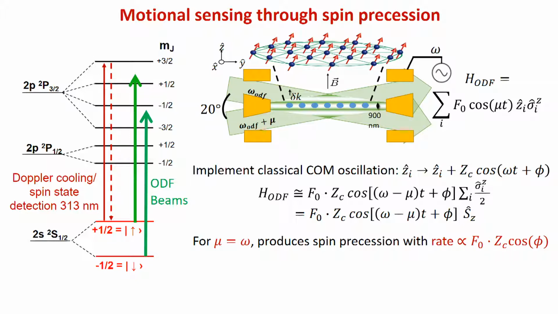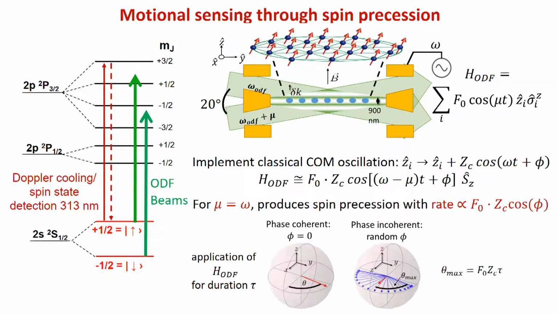That's going to generate spin precession at a rate given by the spin-dependent force, the amplitude of the motion, and then this cosine of the phase difference between the motion and the spin-dependent force. So there are two different protocols one can consider. One is a phase coherent protocol, where for each realization of the experiment, we can realize this same phase.